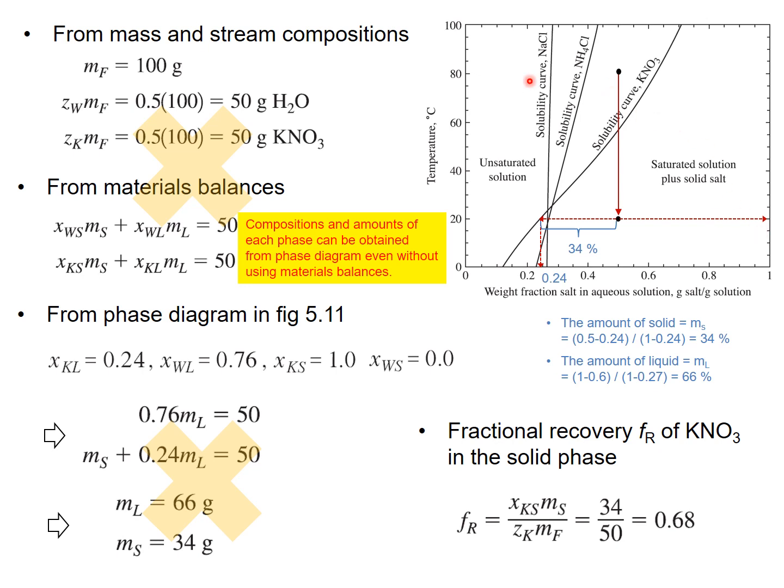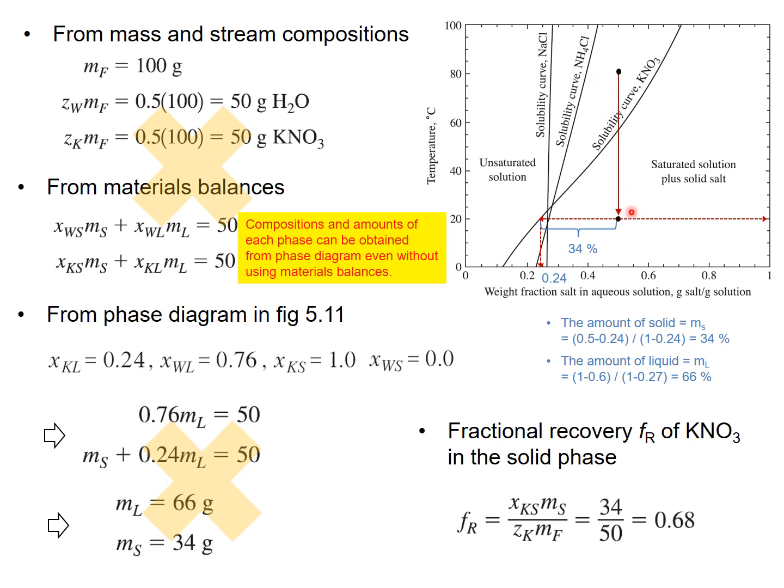So right now it is 80 Celsius degree at 0.5 weight fraction KNO3 here. Then when you decrease the temperature, this point is moving through the solubility curve, and then finally reaches the two-phase region, from the one-phase region to the two-phase region.